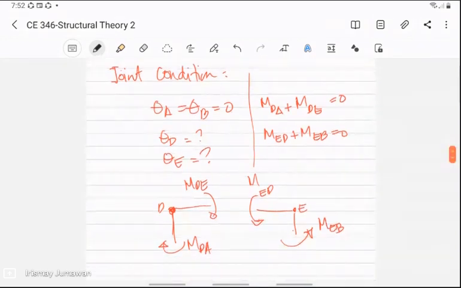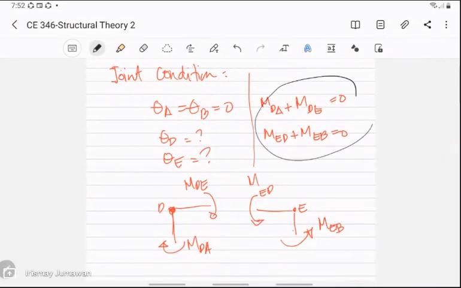For the joint conditions at joints D and E, we have formulas satisfying the static equilibrium equation. The moment of member DE plus the moment of member DA is equal to 0, and the moment of member ED plus the moment of member EB is also equal to 0.